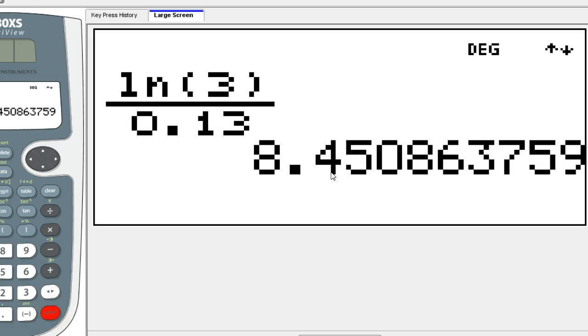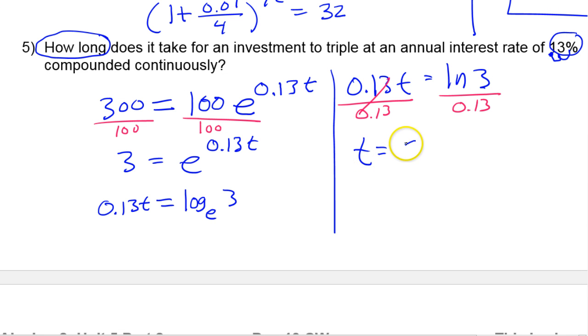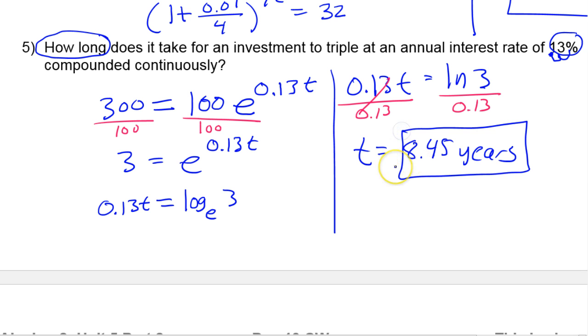Okay, so to 2 decimal places, that's 8.45. And this is years. Okay, any questions about number 5?